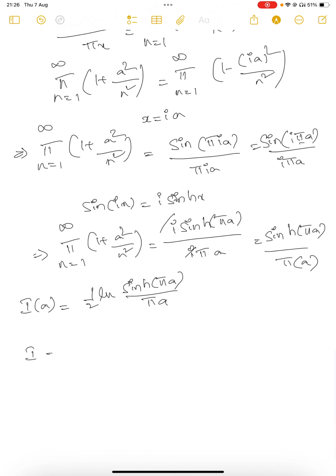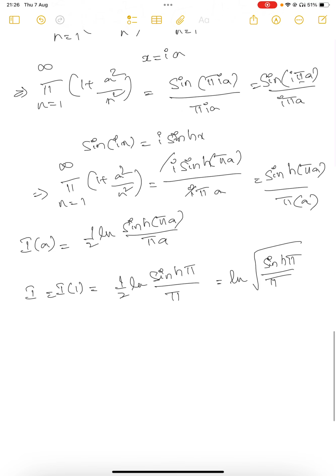I of 1 equal to half into ln of sinh of pi by pi, which is ln of root of sinh pi by pi.